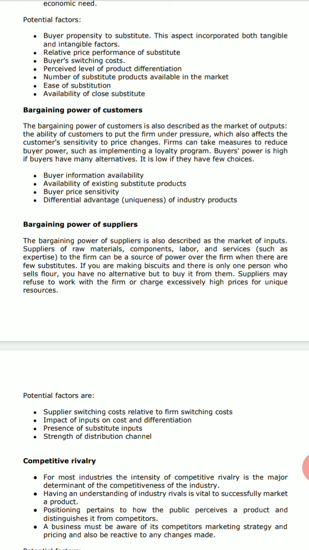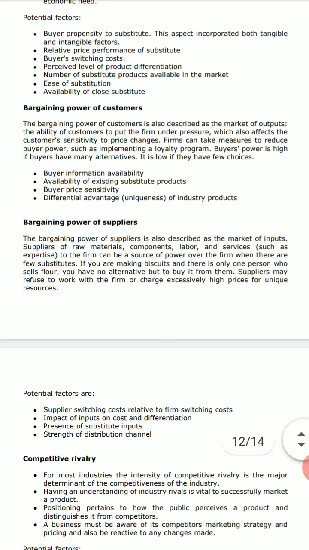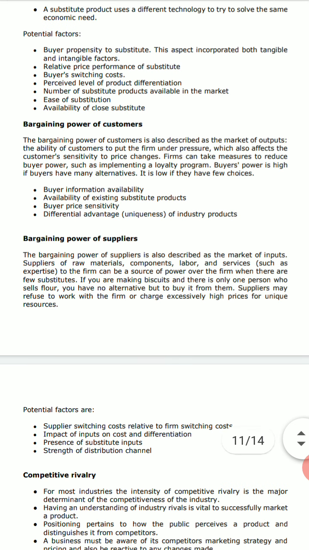There is an example: Nirma Limited was buying soda ash, required for the detergent powder they used to produce, from Tata Chemicals. Now what happened was that the lifting of soda ash by Nirma from Tata Chemicals was in such big bulk that when Nirma stopped buying the soda ash from Tata Chemicals and produced its own in its own plant, it resulted in a big problem for Tata Chemicals.